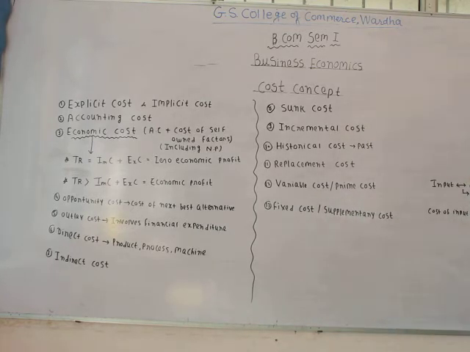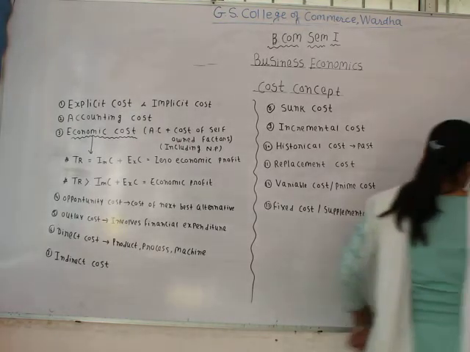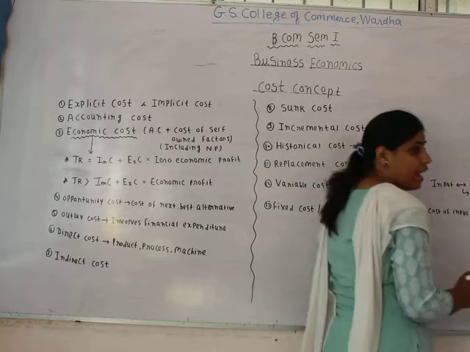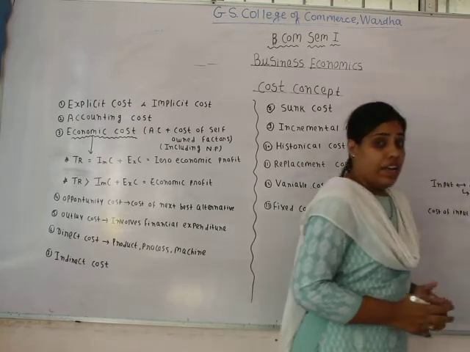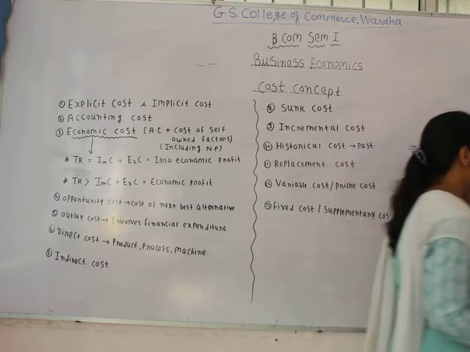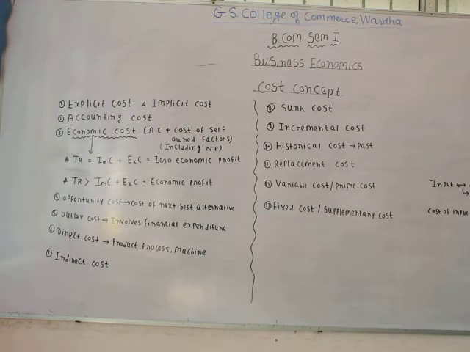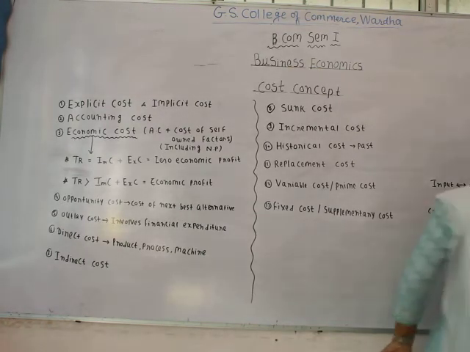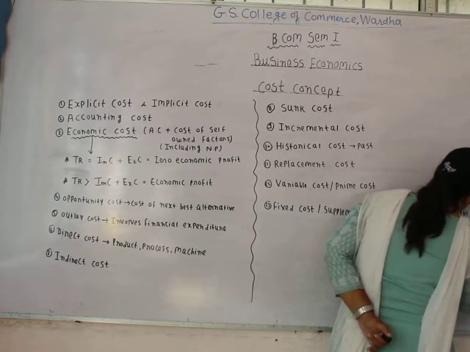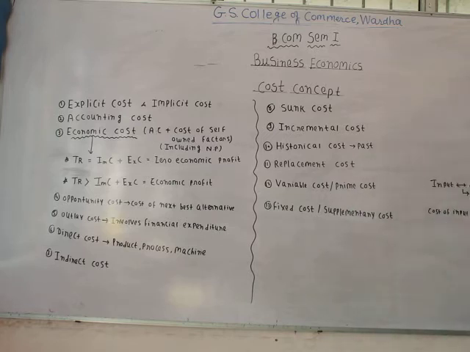So these are the different types of cost. Here we consider cost of input and then its relationship with output. But in production function, we see the relationship between physical input and physical output, whereas in cost function, we see the monetary relationship between the cost of input and output. I hope you are clear with the meaning of cost function.